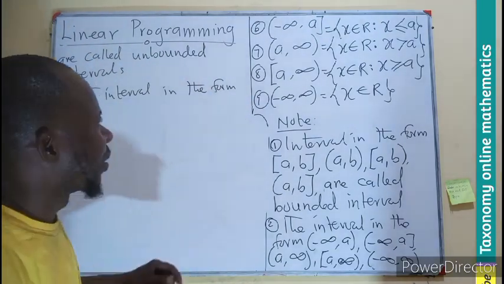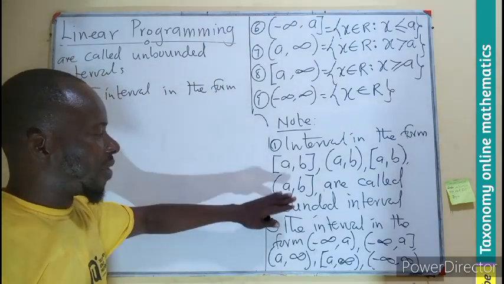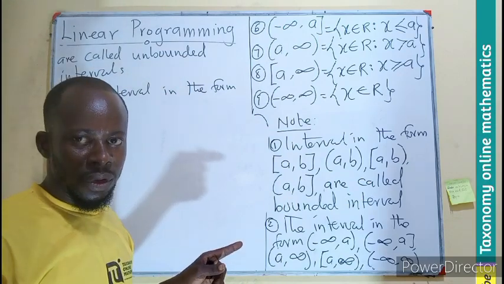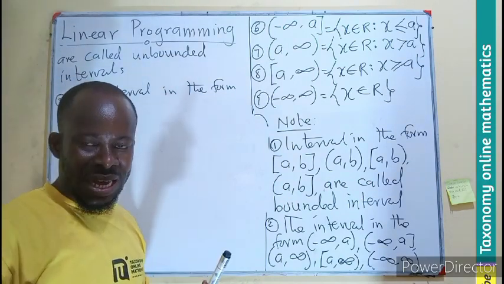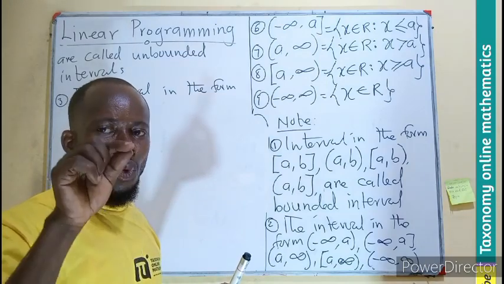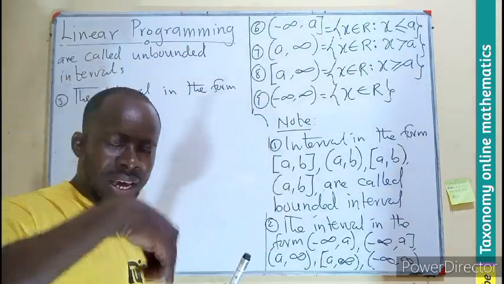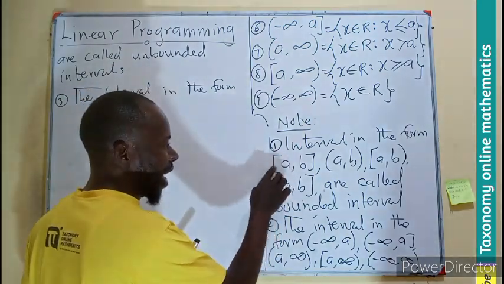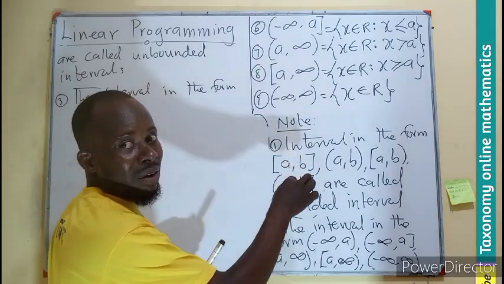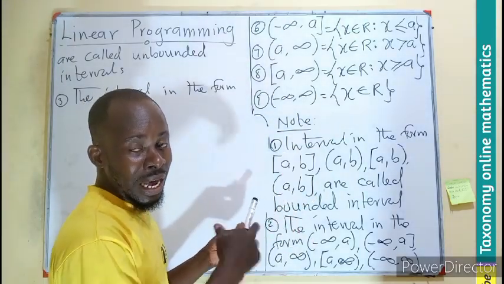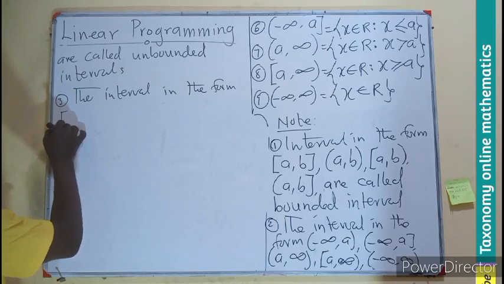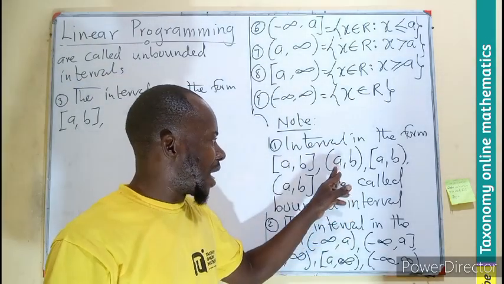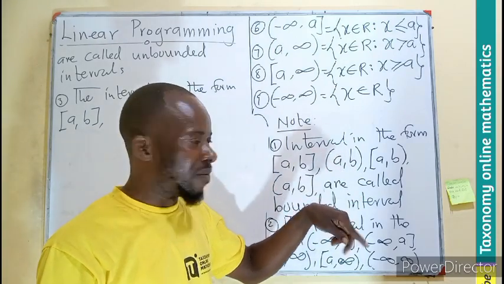We can also find out from here that some intervals are called closed. If they are closed, it means that at least one of the endpoints is part of the interval. If I am looking here, A is part of the interval, B is part, so at least one, and here two. Here, none of the endpoints are part of the interval.